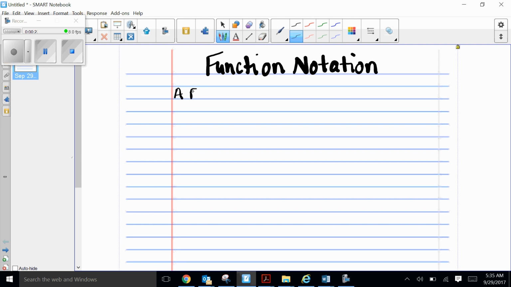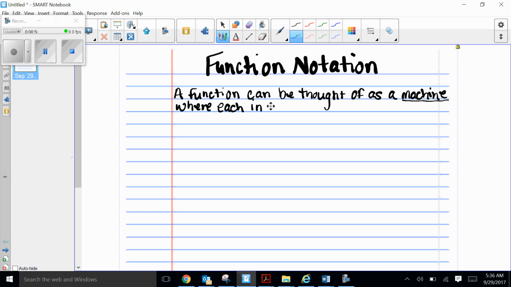Well, a function can be thought of as a machine, where each input leads to only one specific output.